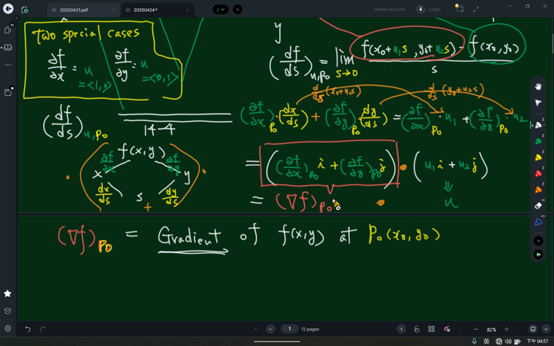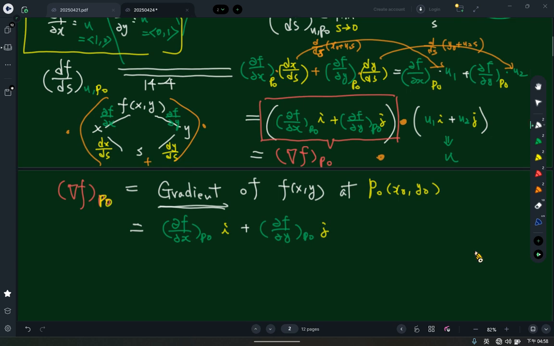Then the formal definition is equal to partial f partial x at P0 i plus partial f partial y at P0 j. So this is very important.